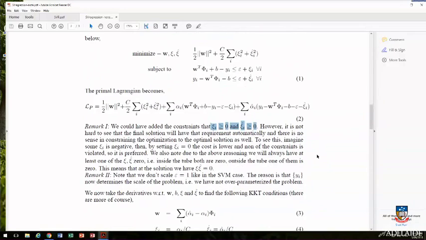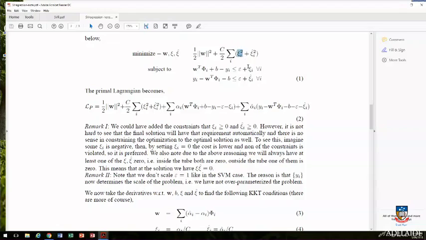Why is that? Because let's say if xi is negative, then we can set it to be 0, such that the objective function will become smaller, because this is the squared version of xi. If it's, let's say, -1, then this will become 1.